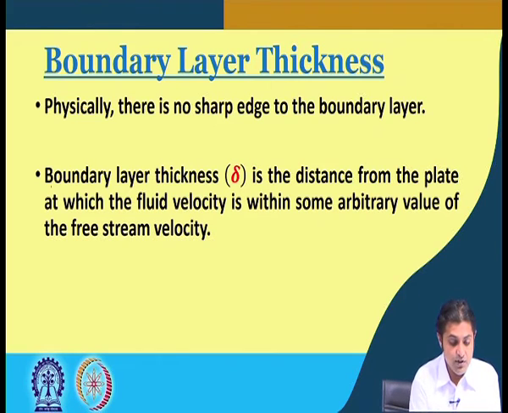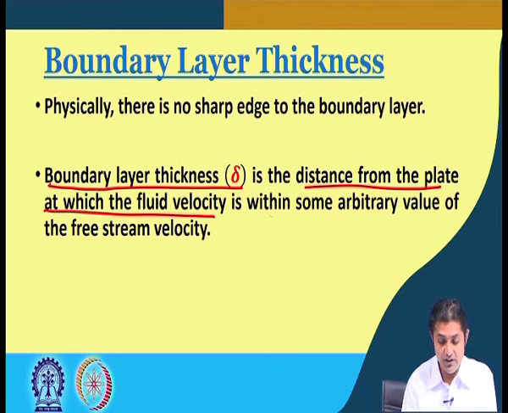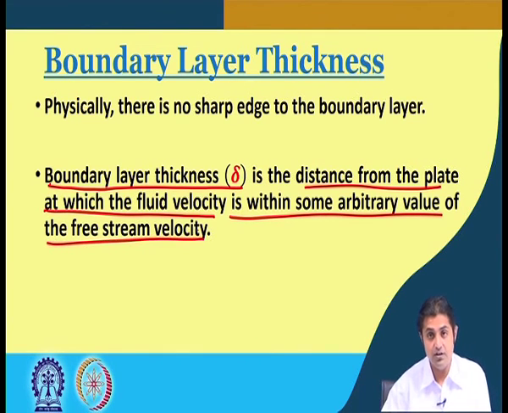So, this is an important term, boundary layer thickness delta. We have seen a similar term in some slides before. And what is this boundary layer thickness? It is the distance from the plate, the flat plate over which we have considered the flow, at which the fluid velocity is within some arbitrary value of the free stream velocity.